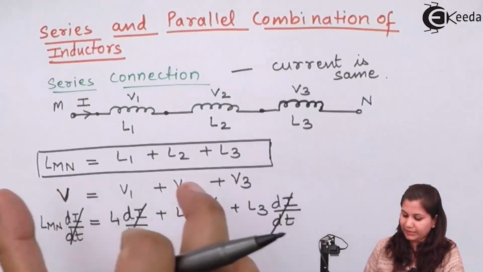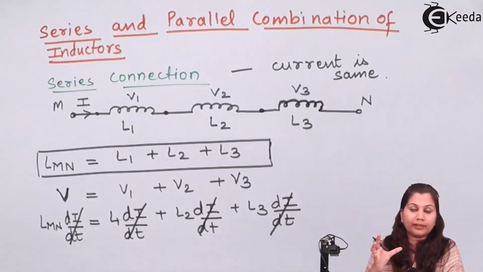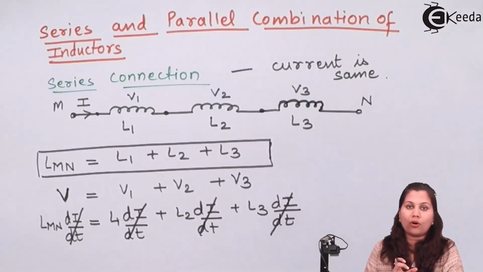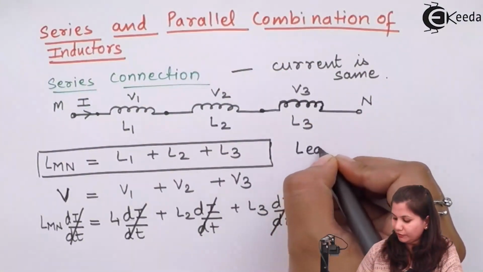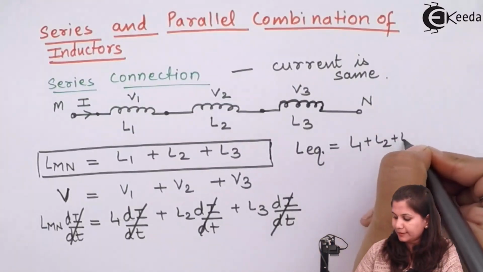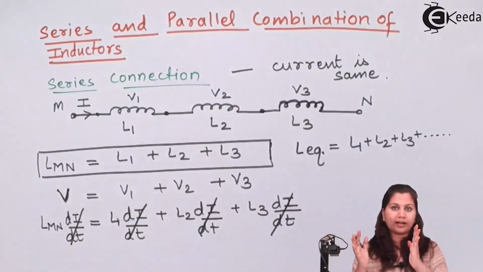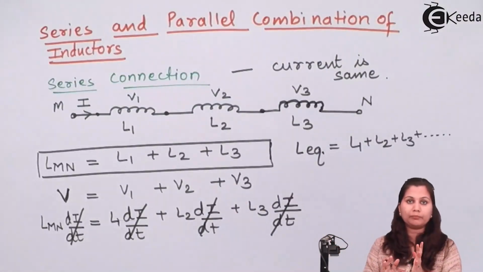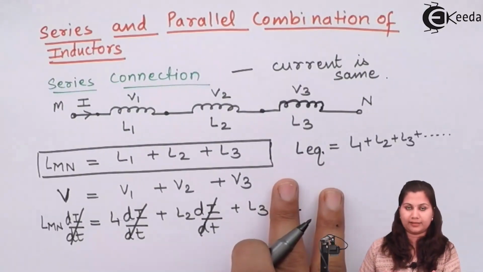In this way, whenever we want to find the equivalent inductance of inductors connected in series, it is given as L equivalent equals L1 plus L2 plus L3 and so on. Means all the inductor values will be summed up. Their algebraic sum will be equal to the equivalent inductance.